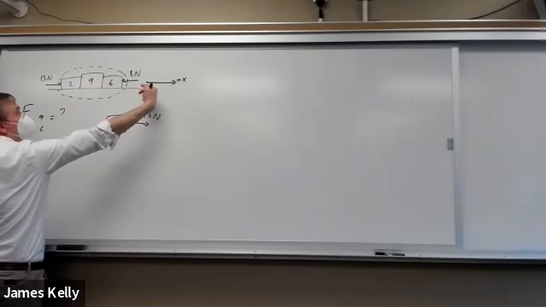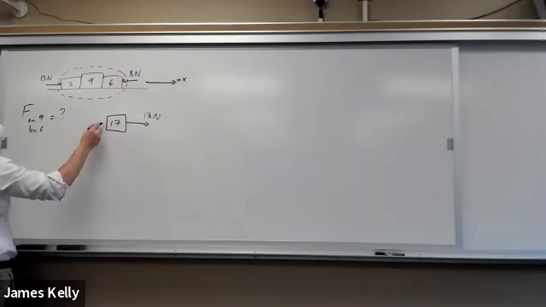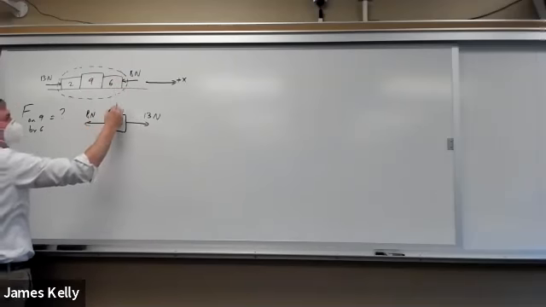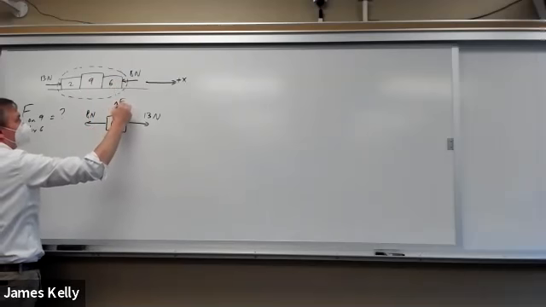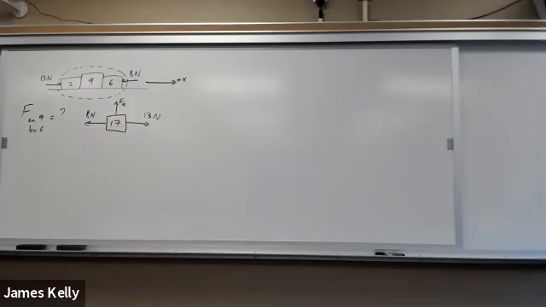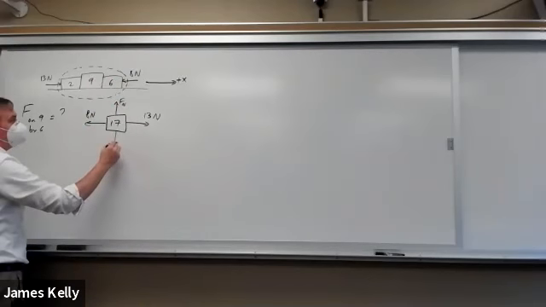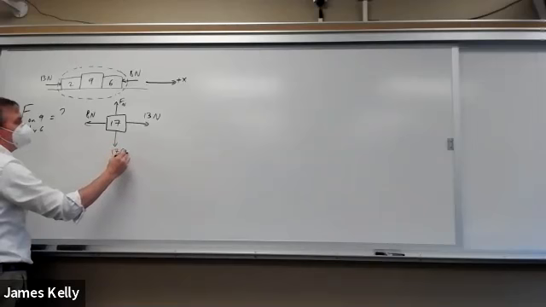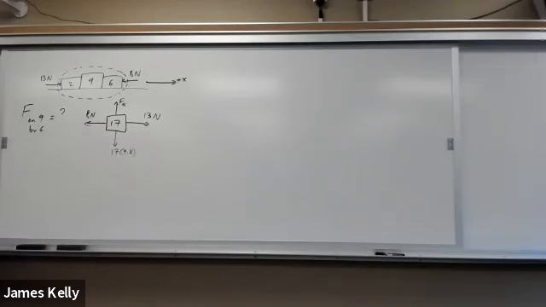The 8 is reaching in from the outside and pushing to the left, so there's an 8 Newton force in that direction. There's got to be a normal force. There's no friction in this problem, so I don't need to worry about a friction force. And there's a weight force, 17 times 9.8. So that would be my free body diagram.